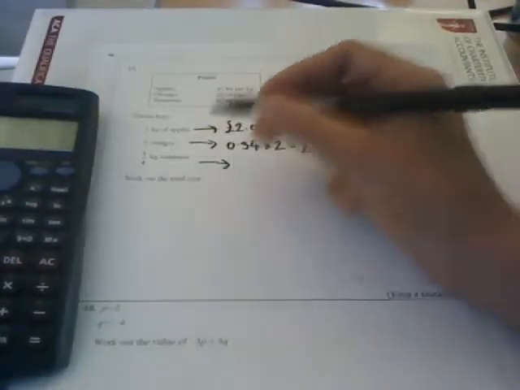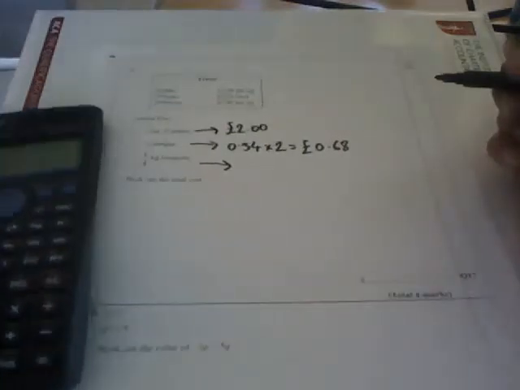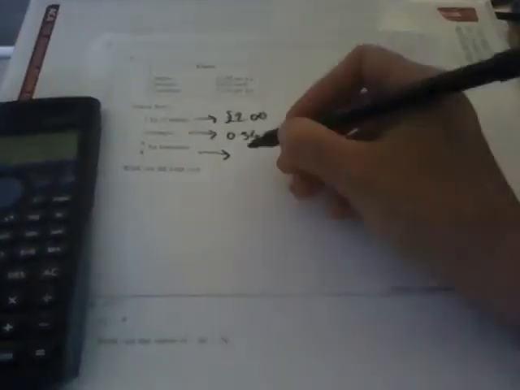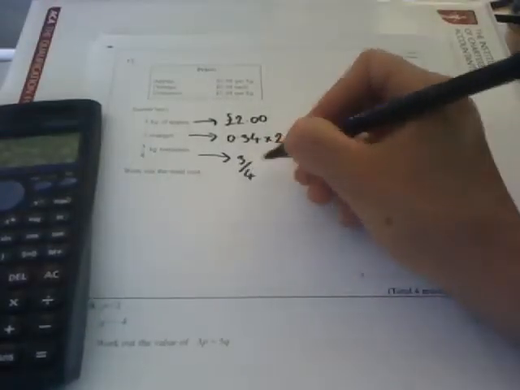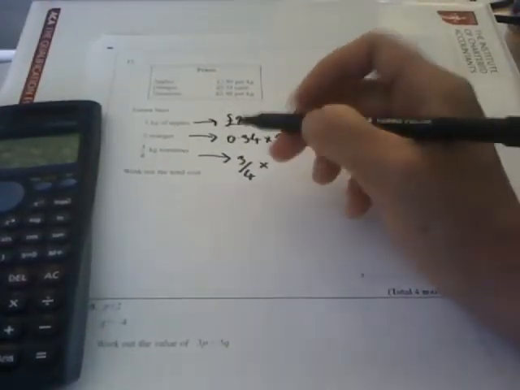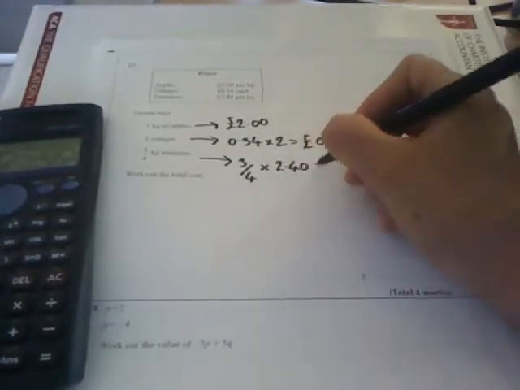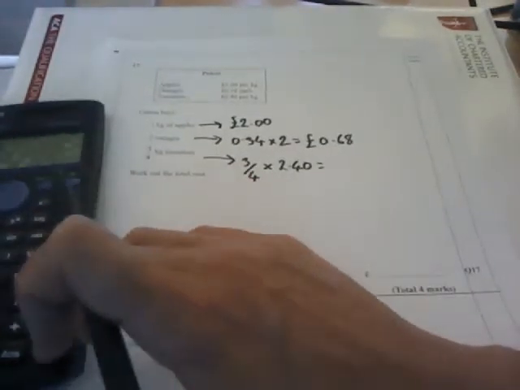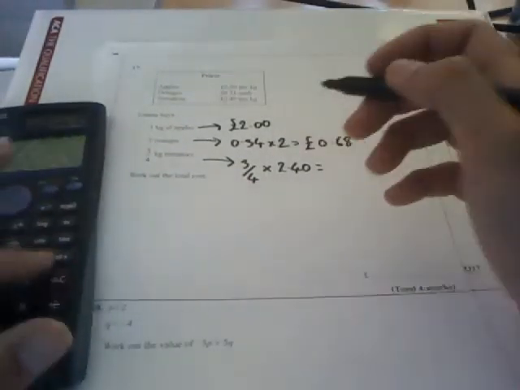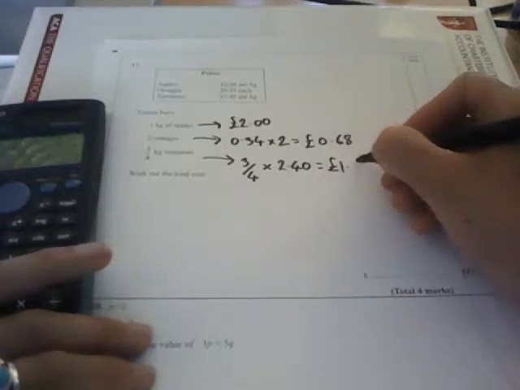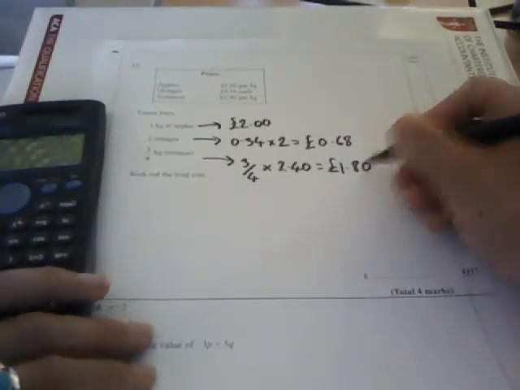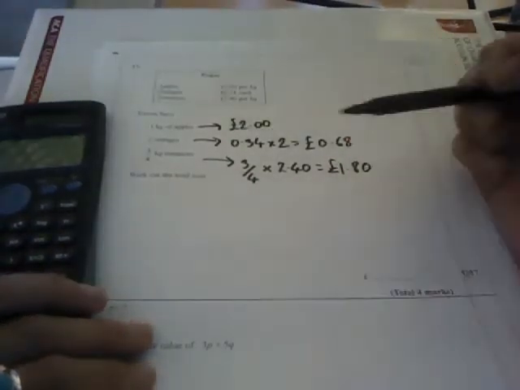And 3/4 of a kilogram of tomatoes. Now, I could use the cross here, or I could use my calculator to work out 3/4 of a kilogram, and a kilogram is £2.40. So I could type that into my calculator to get £1.8, which must mean £1.80, and I need the total cost.